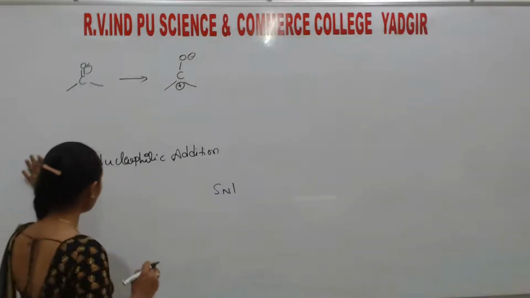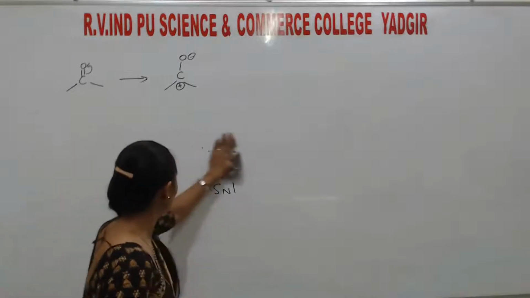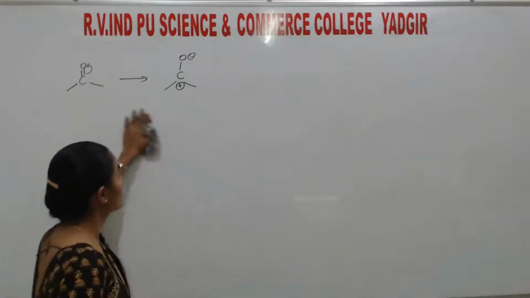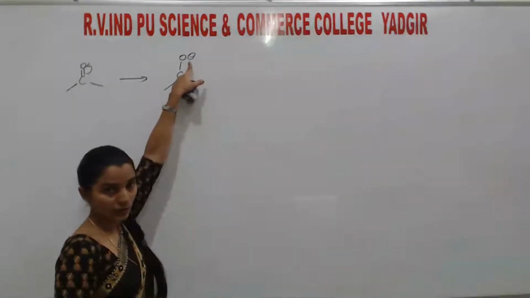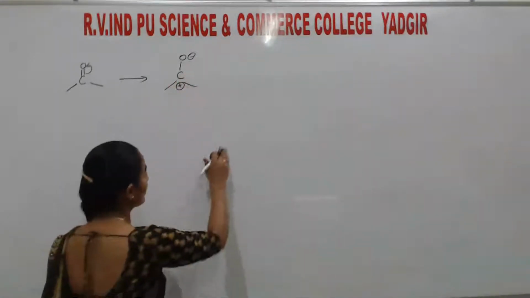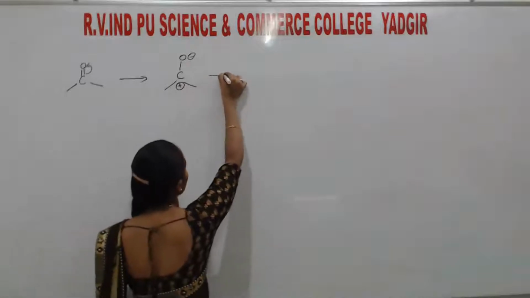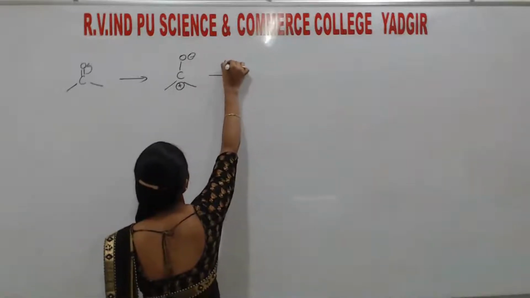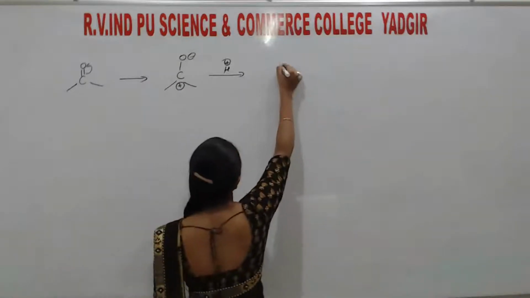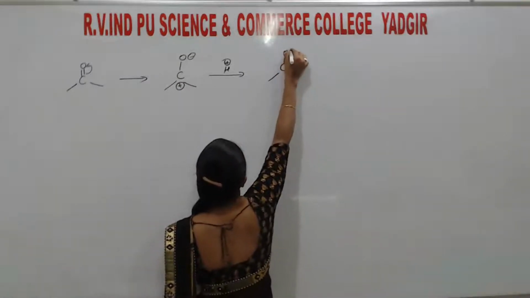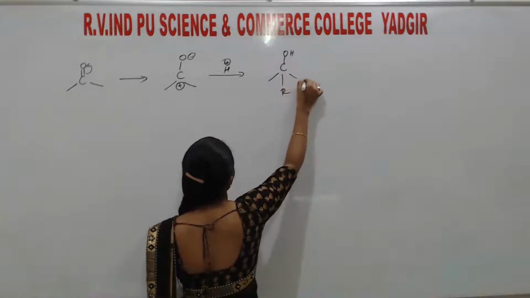So they show nucleophilic addition reaction, which means the negatively charged species attaches here, and the positively charged species is going to attach here. And remember, if any reagent continues, it always accepts a proton and forms an aldehyde.